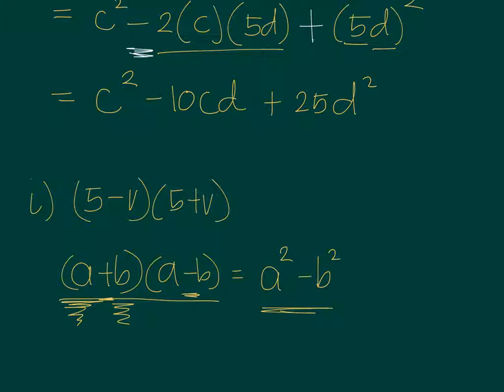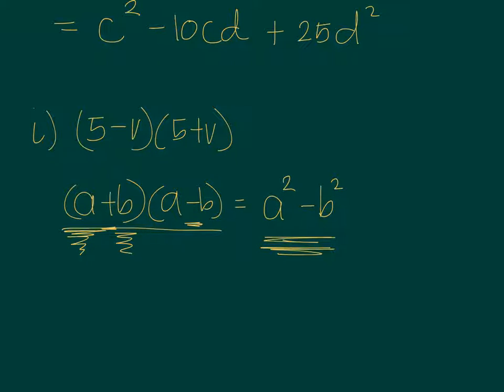Okay, so the idea here is that the moment you notice an expression is following the format A plus B times A minus B, then it's always the square of the first, which is A, and then the square of B. And that 5 minus V times 5 plus V, if you look at the first terms, 5 and 5, so they're the same.